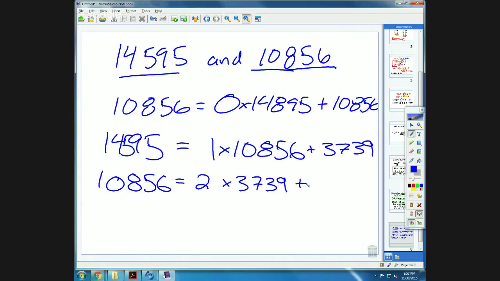Where? Oh, what do you mean you got one left over at the very end? Uh-huh. Okay. You keep going. You're not done. Let's see, I gotta get my remainder here.